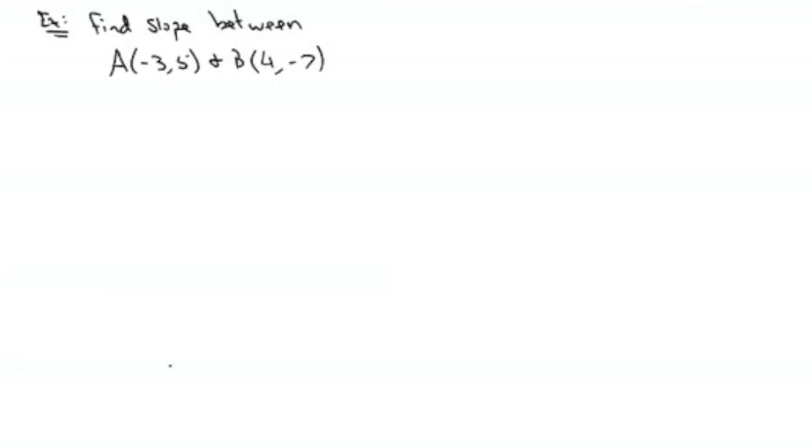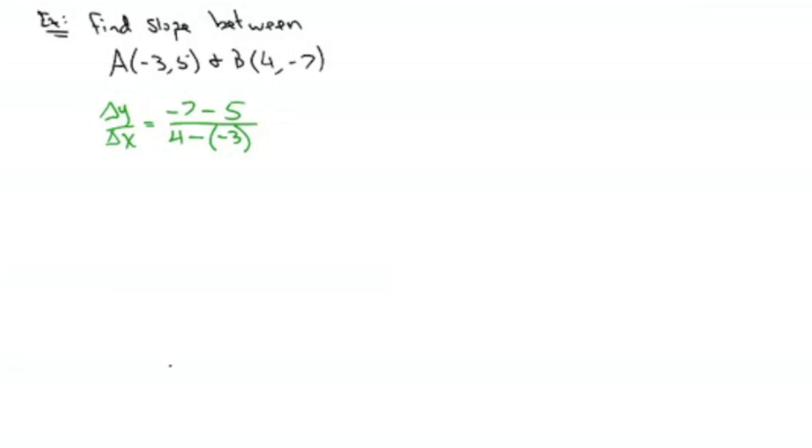So, how do you find the slope between A and B, or the slope of the line segment AB? Change in y over change in x is equal to, what would you put up top? -7 minus 5 over 4 minus -3.